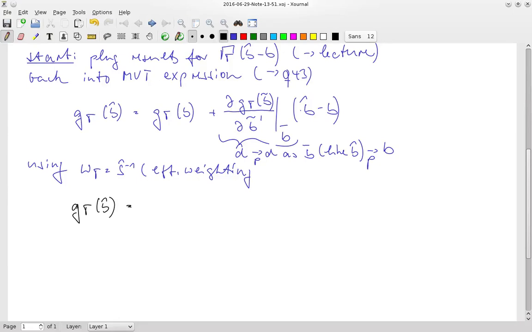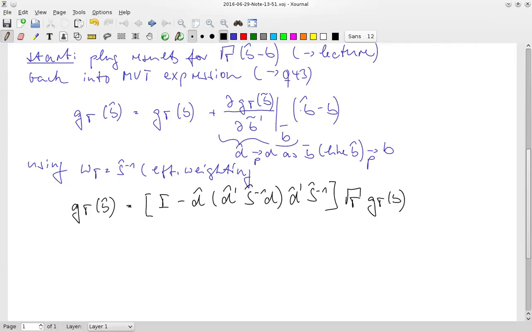And now comes the plugging back result. I get an expression that reads as follows, which is multiplied with square root of T g_T of b.